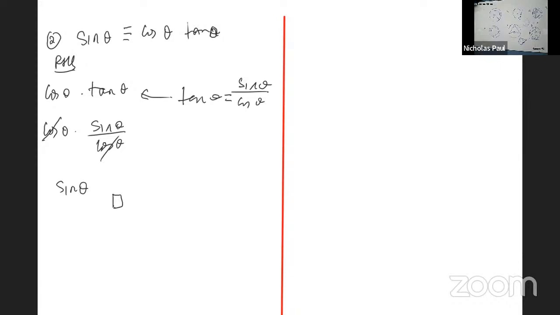Okay with that? Let's try this one. You have to choose which side to use. Sin theta divided by tan theta is equal to cos theta. You choose which side to use, left hand or right hand. Online, if you get the answer, I want you to message QED.